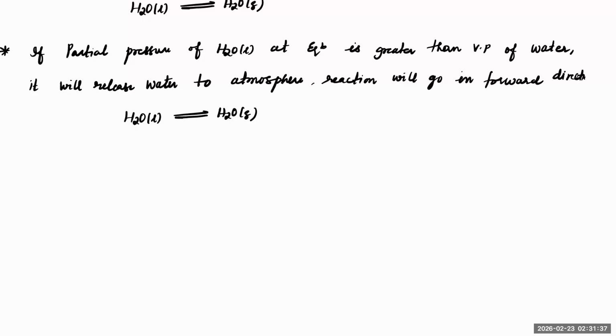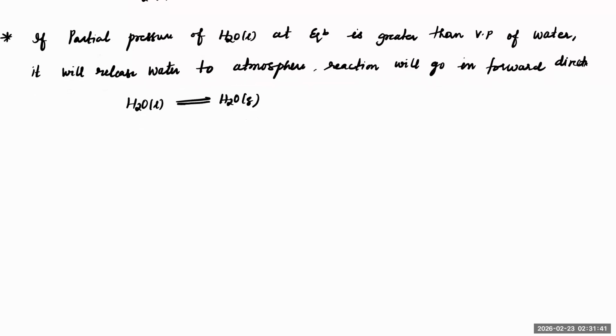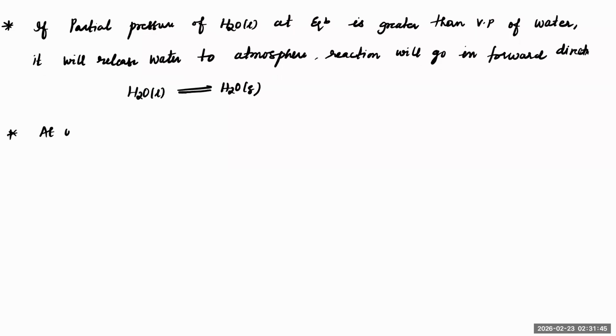Got it? Clear? For example, if you notice that at 0 degrees Celsius, the partial pressure of water generally is 1.52 torr. Okay, got it?